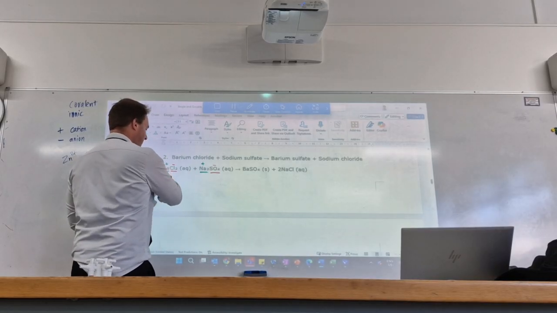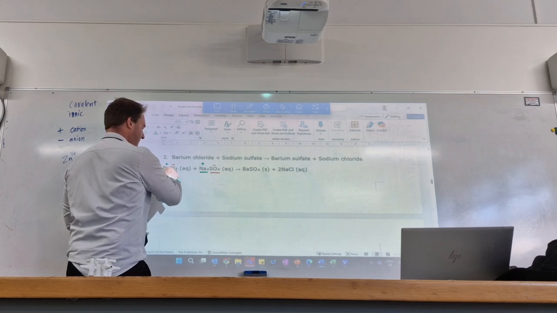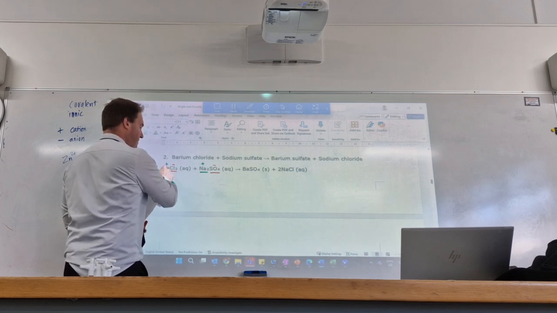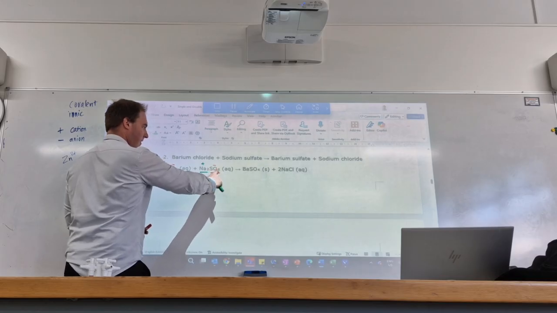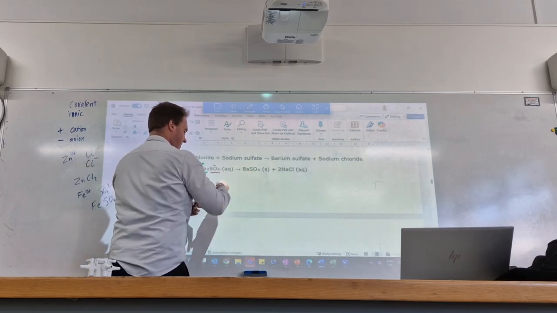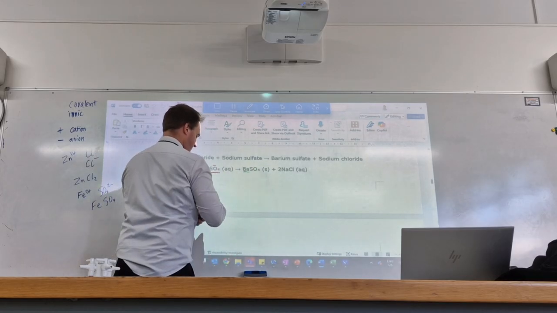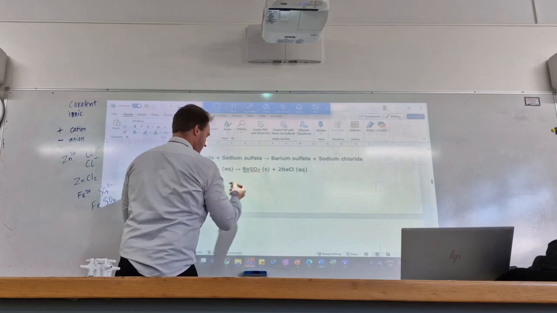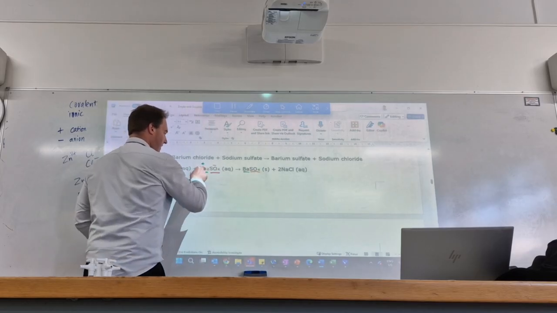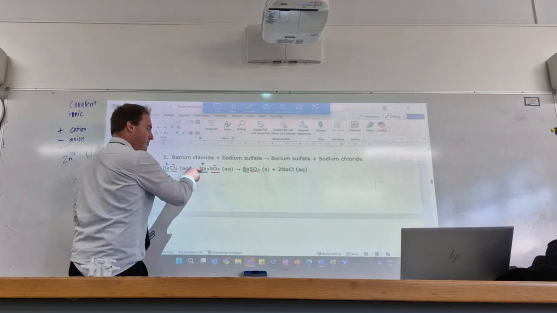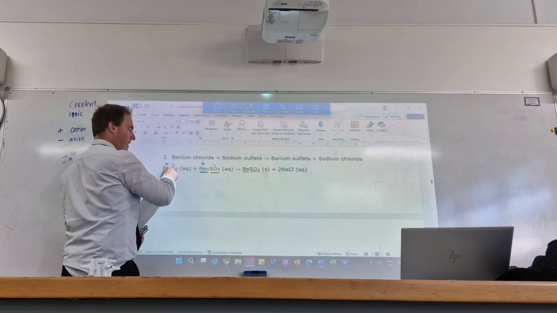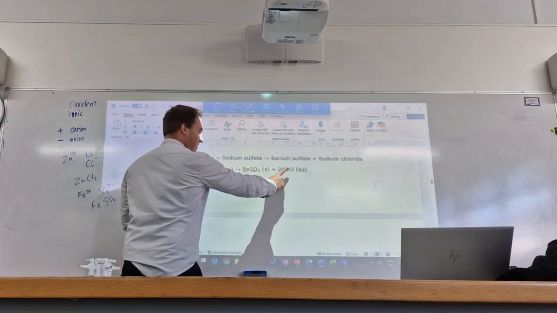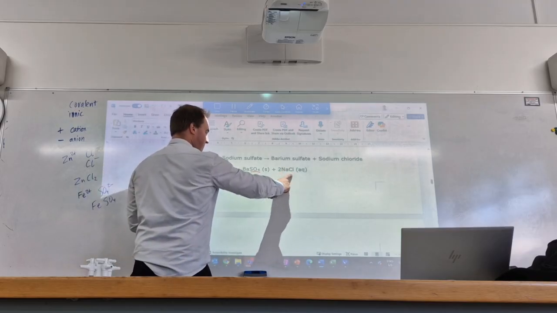So the barium will ditch chloride and bond with the other anion in this reaction, which is the sulfate, and we write it as barium sulfate. And this cation, the sodium, has been ditched by the sulfate, so it's going to bond with the chloride, which is left over. So sodium chloride.